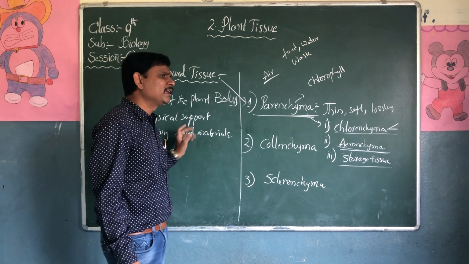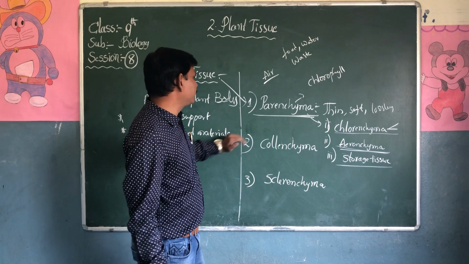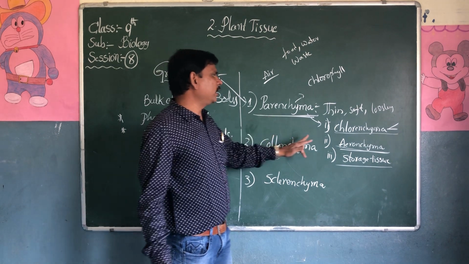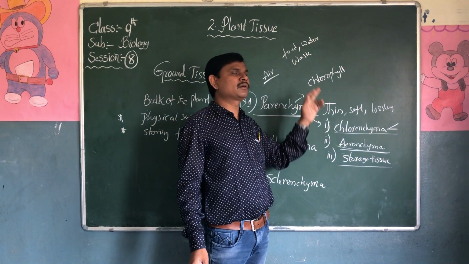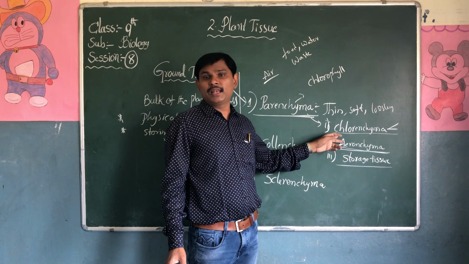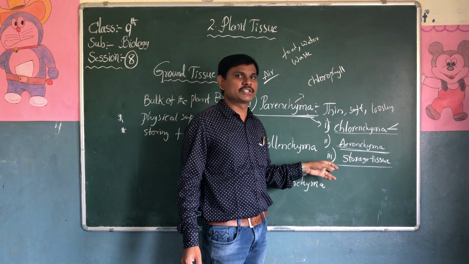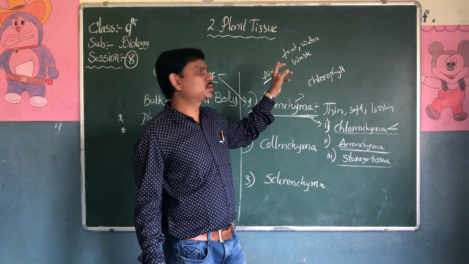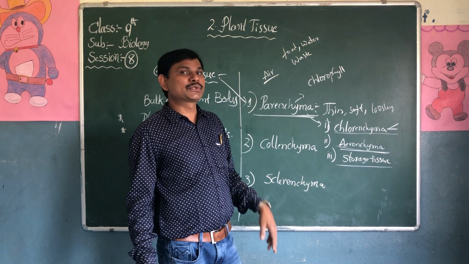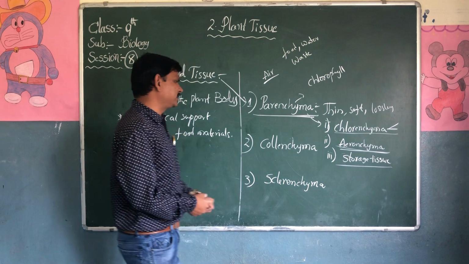So, very simple: three different types of parenchyma. Chlorenchyma has chlorophyll, aerenchyma has air spaces, and storage tissue stores food, water, and waste materials.